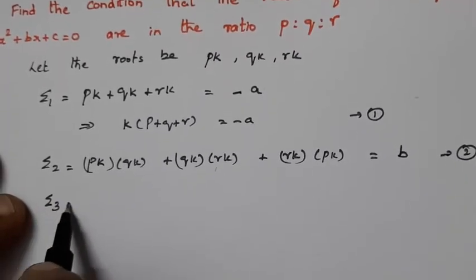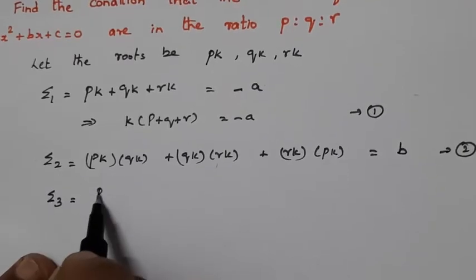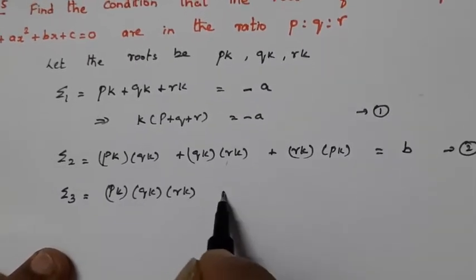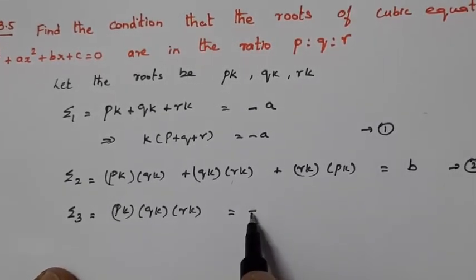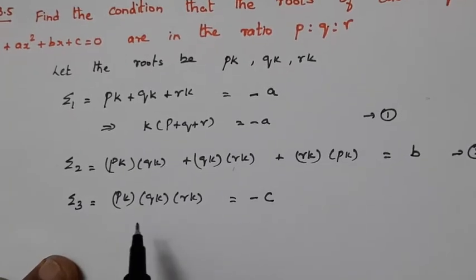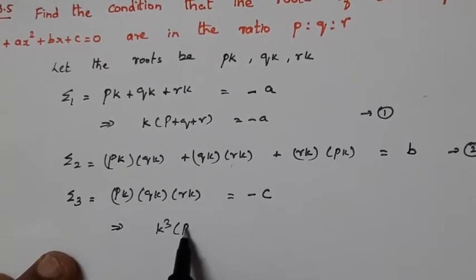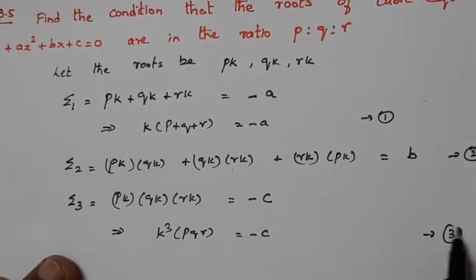And then sigma 3 equals the product of all the three roots, pk into qk into rk, that is equal to minus the constant term, that is minus c. So, this implies that k cube into pqr is equal to minus c. Let it be equation 3.